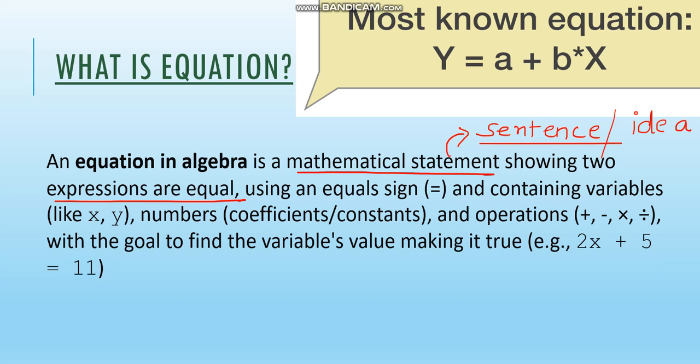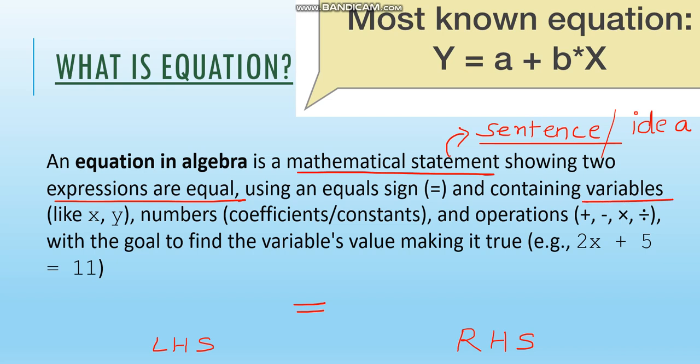This is very important to understand that in an equation we will have the sign of equal to. The left hand side of this equation will be known as LHS. That means left hand side. The right side will be known as RHS, right hand side, containing variables.